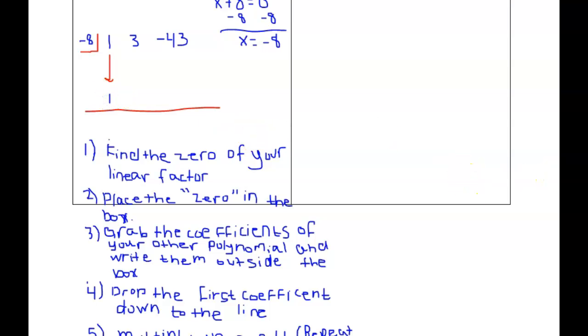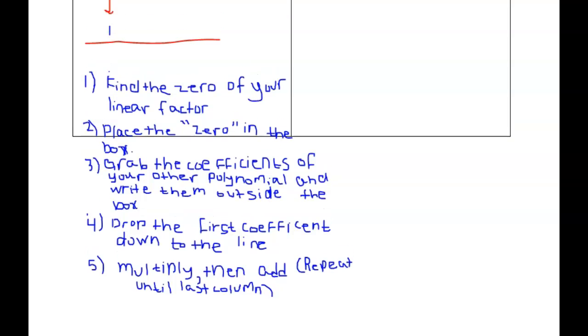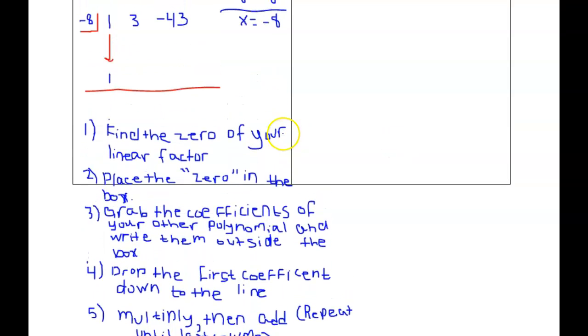The next thing it tells me to do is multiply and then add and repeat until the last column. So I am going to multiply negative 8 times 1. Negative 8 times 1 is negative 8. I am going to put that value underneath my second coefficient, and then I'll add. 3 minus 8 is negative 5.